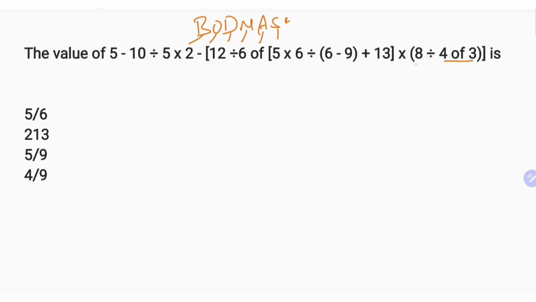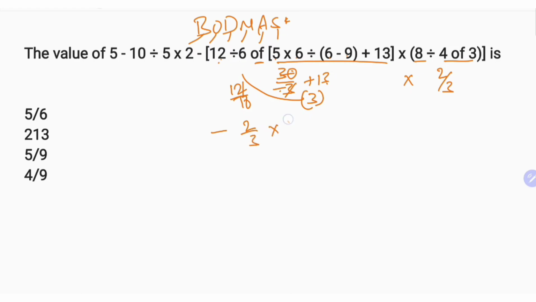Here 4 into 3 is 12, 8 by 12 means 2 by 3. And coming to this expression, 5 into 6 is 30, 6 minus 9 is minus 3, plus 13, that is nothing but 10 plus 13, that means 3. Here 12 of 6 into 3 is 18, 12 by 18 means 2 by 3, that is nothing but minus 2 by 3 into 2 by 3.